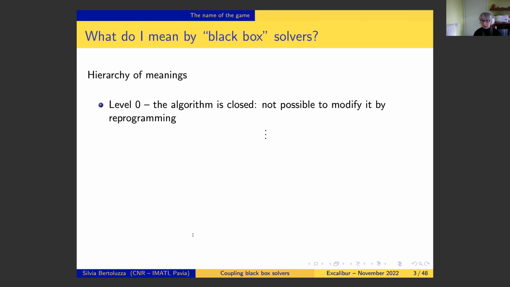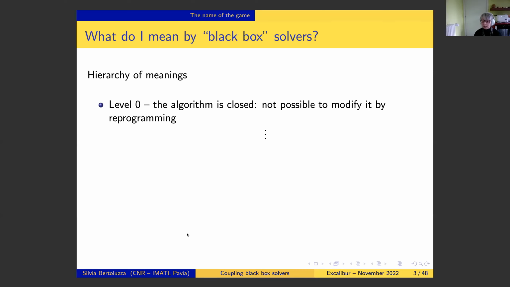And what do I mean by black boxes? There are different levels of meaning that I will focus on in this talk. The level 0 is simply that the algorithm is closed. I need to use the local solver algorithm as it is.